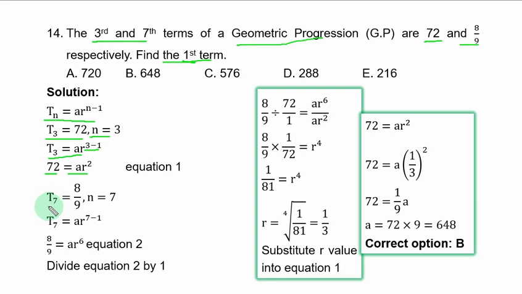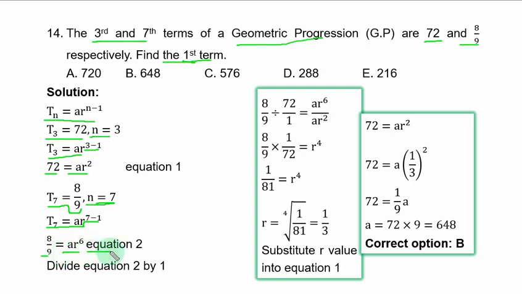The seventh term is 8/9. At this point, n is equal to 7. So for the seventh term, you replace n with 7 in this form. The seventh term is 8/9 equal to a r power 6.